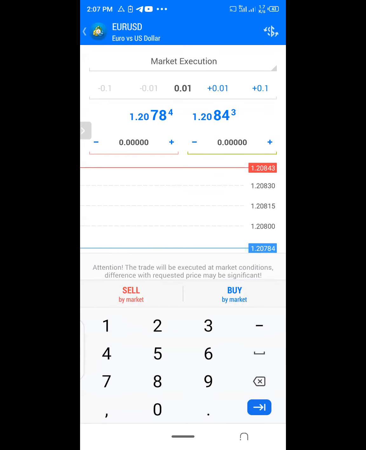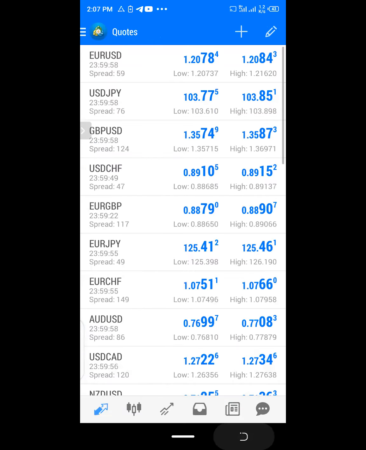If you have a $100 account, like I said before, 0.01 per $100. Once you're done with that, you either click on buy or sell. For instant execution, click on the currency pair that you were given, change your lot size, and execute immediately. After you're done executing, your trade will appear.